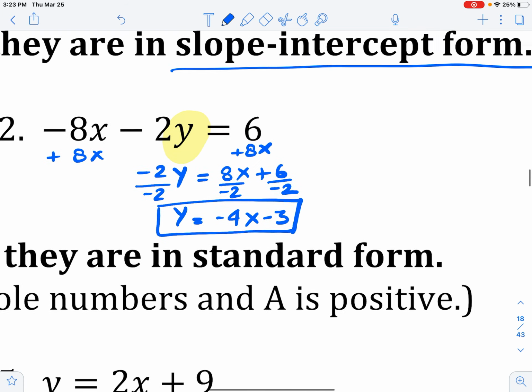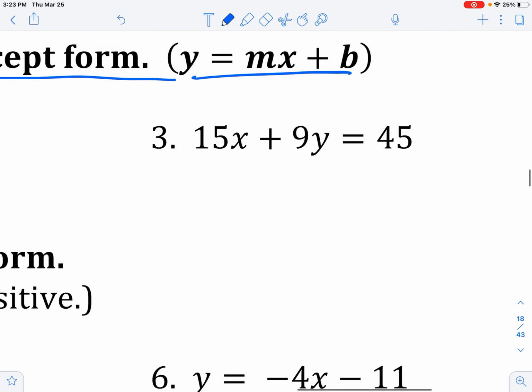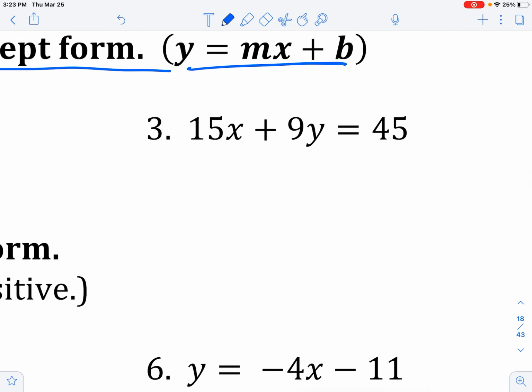Let's move to the third one. If I have to solve this one, same thing, get rid of the x term and the 9y. I would suggest, if you feel confident enough, just pause the video, do it on your own, and check how I did it.